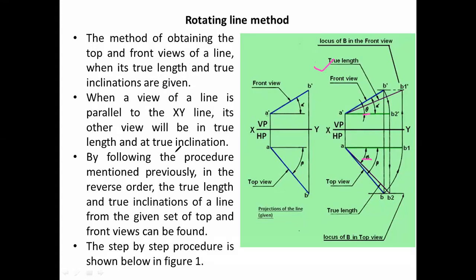That is correct. We have seen that. If I make the given line parallel to HP, how to interpret this here, we will see. When the line is parallel to the xy line, now here the line is parallel to which line? This A dash B dash line is parallel to which plane?